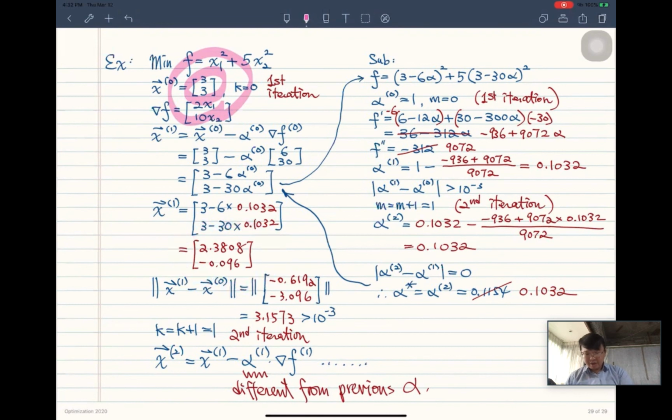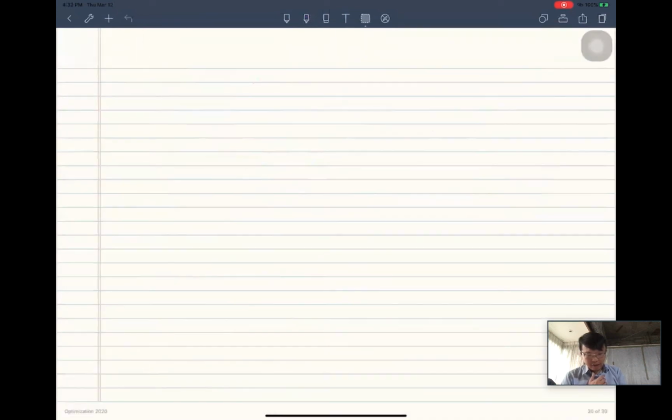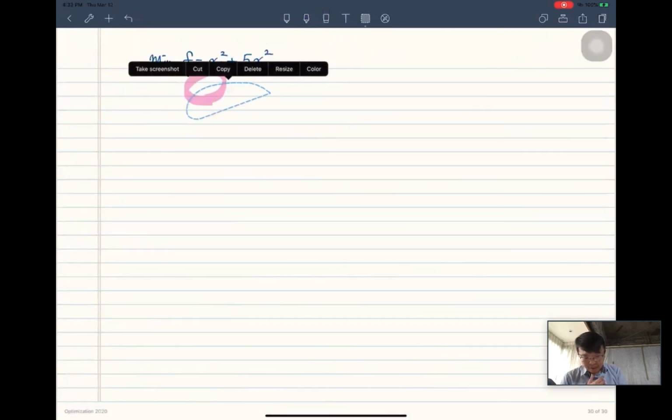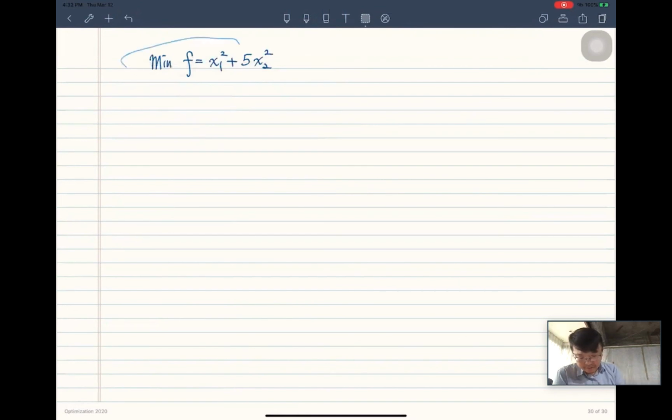Let me draw a figure to explain what happened. Let's take a look at this function, and I wish you could learn from my explanation right here.